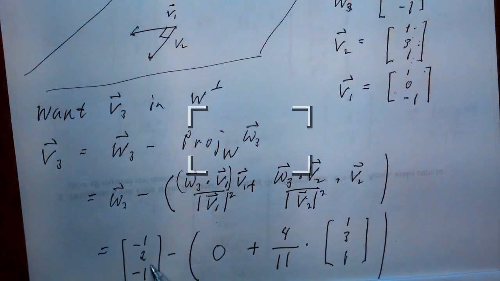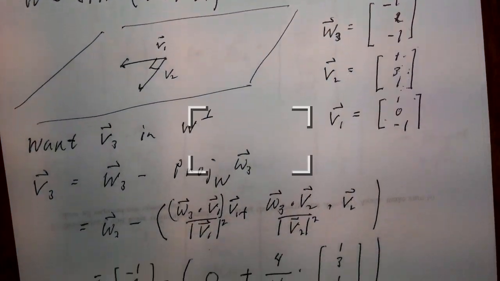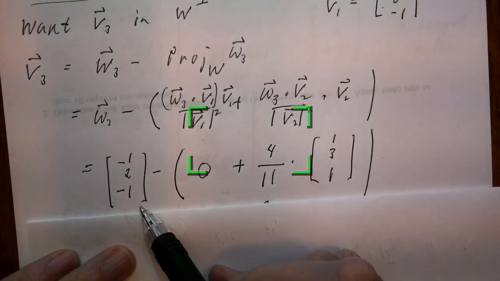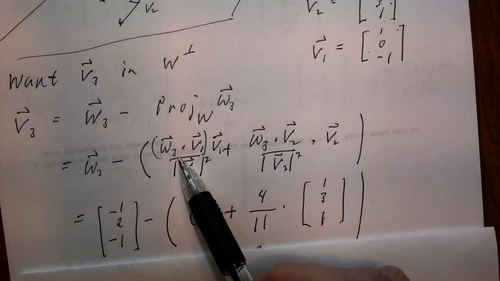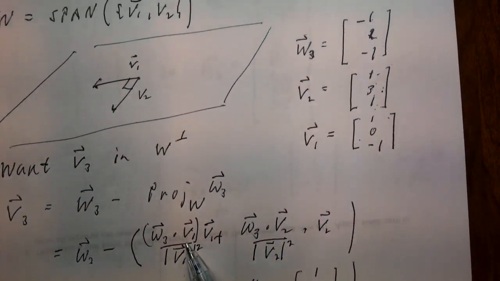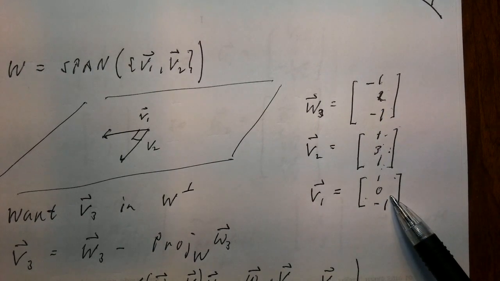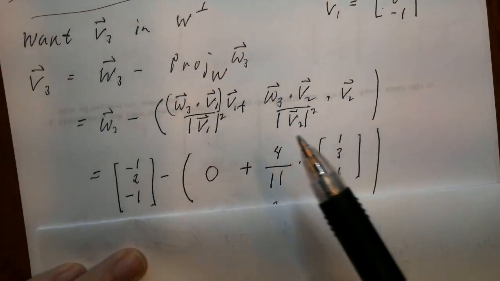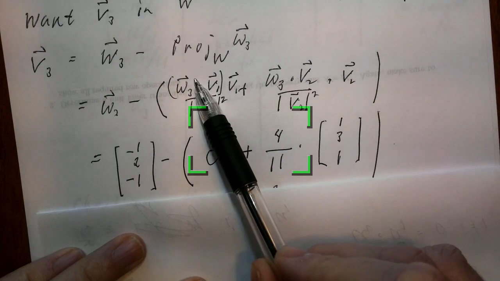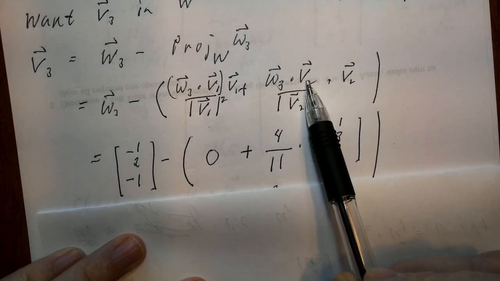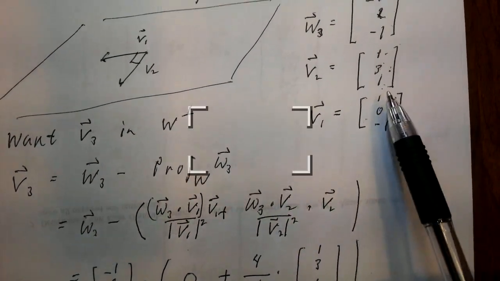W3 is negative 1, 2, negative 1. If I take the dot product of W3 with V1, that dot product is in fact 0, so all this stuff goes away. Let's take the dot product of W3 with V2.